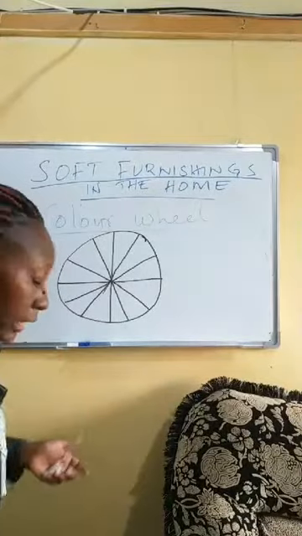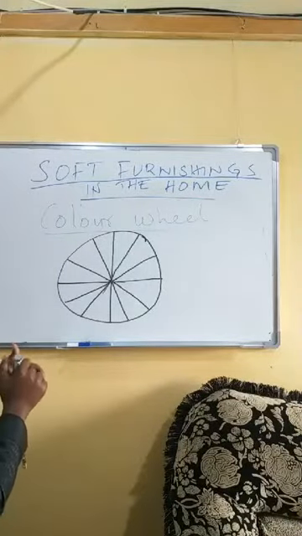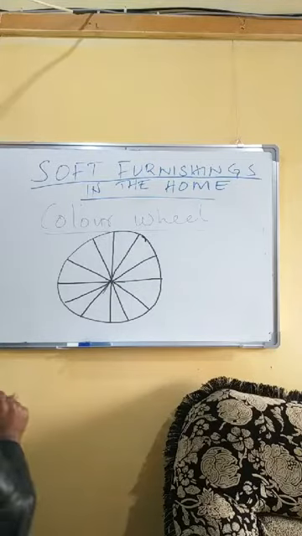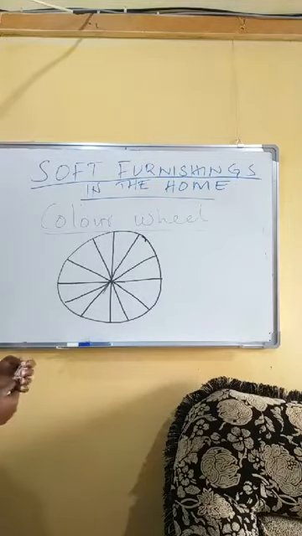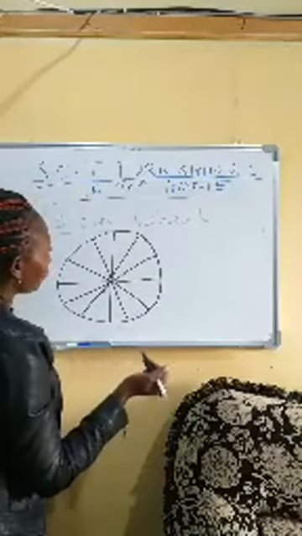So I've said a color wheel is a circle between the colors that we've talked about.